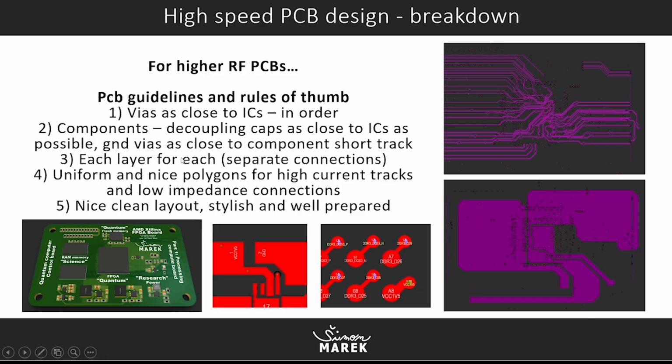Each layer should be for separate connections and types of routing. So you can see you have some high-speed connections to memories or to connectors. They're length tuned and they're differential pairs. So this is like one layer for high-speed digital design, and then you have a layer for power and ground planes and polygons and stuff like this.